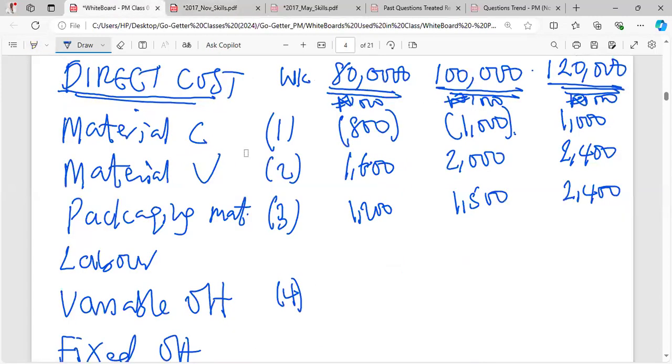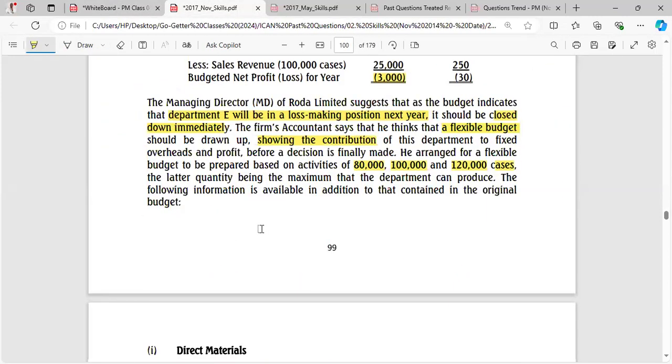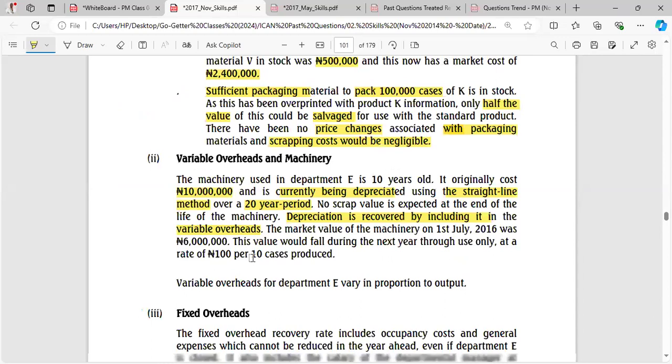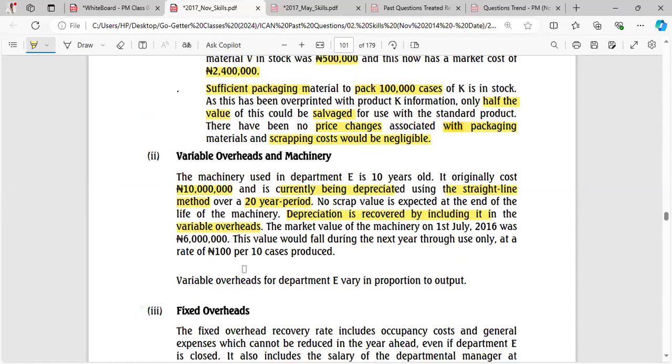Okay? So let's do that now, before we take anything. We said the machine is 10 years old, 20 years is the useful life, and the original cost is 10 million.